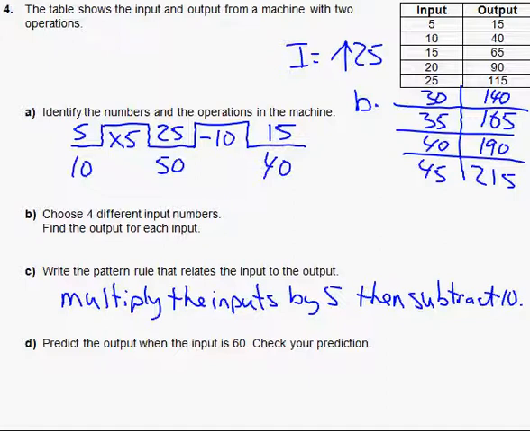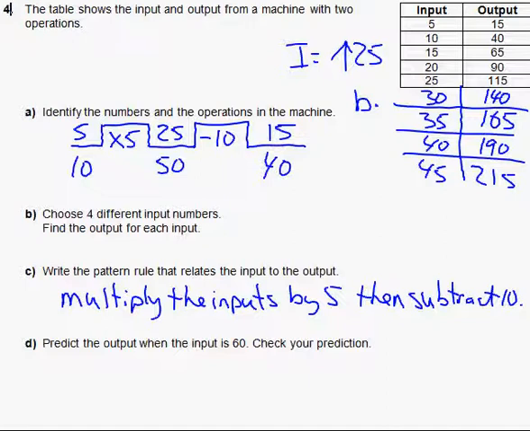And then it says predict the output when the input is 60. Well, if you're really going to predict, that means you can't do any calculations. You're supposed to try and figure it out or guess in your head. So 60 is going to be, well, 45, 50, 60. That means 2 more. So I'm going to increase the inputs 2 more.